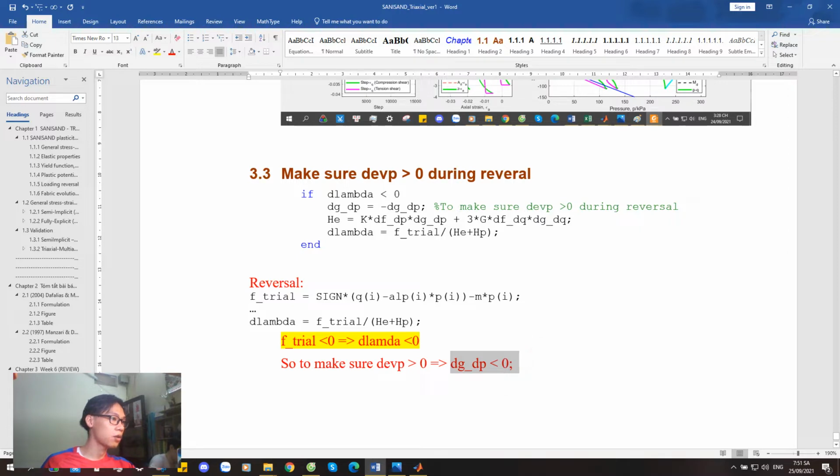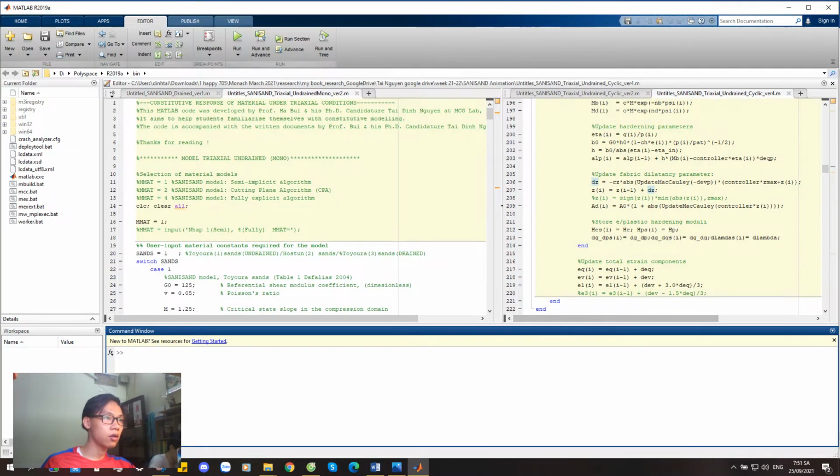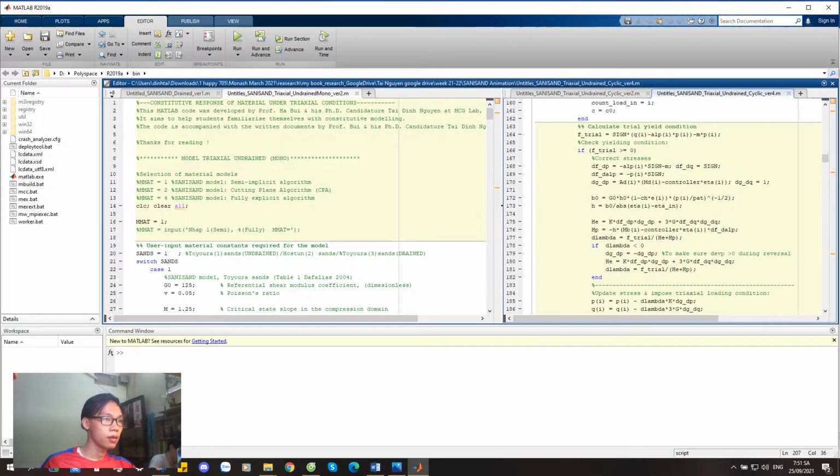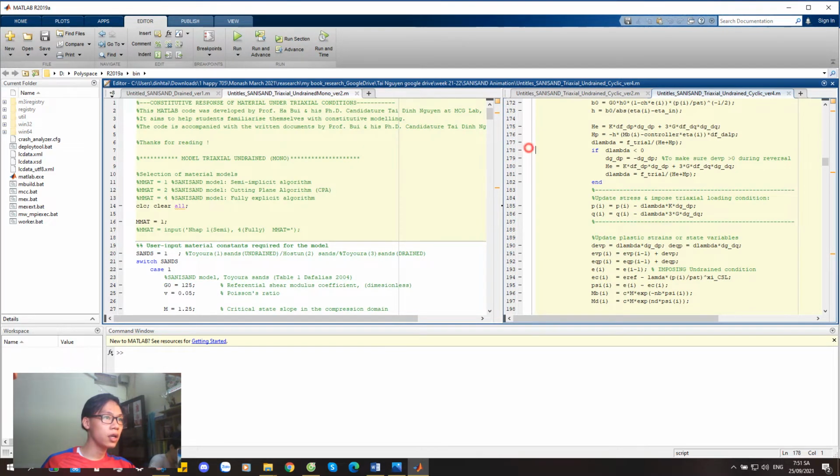Okay, I'll show you in the code. The code is there. It's only during reversal. You have to make sure to change it to negative, because dλ will be negative. It's just really totally different.